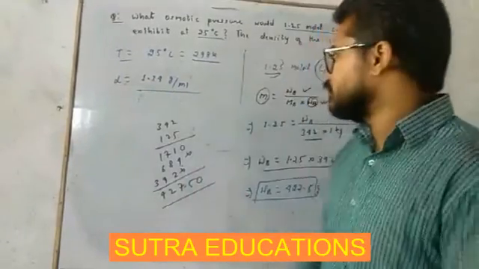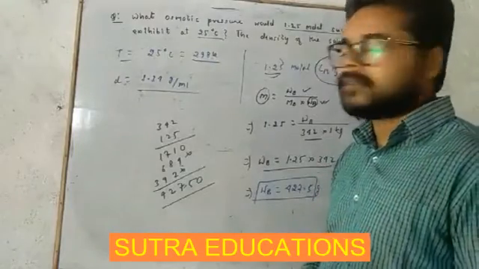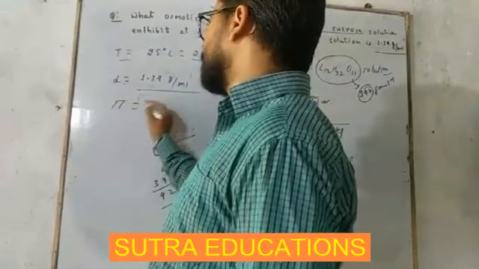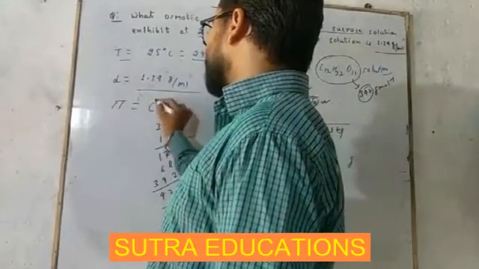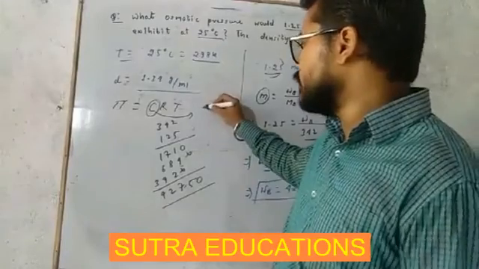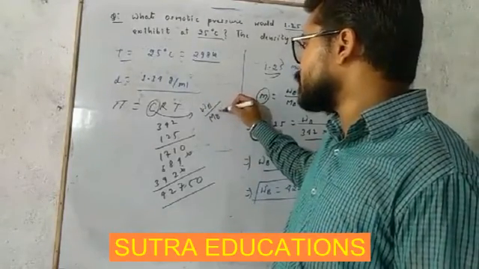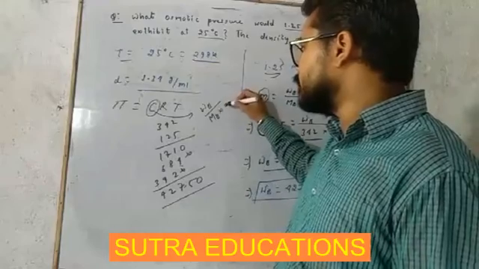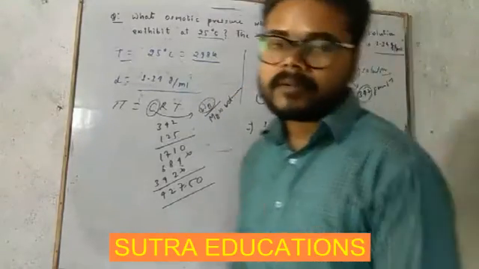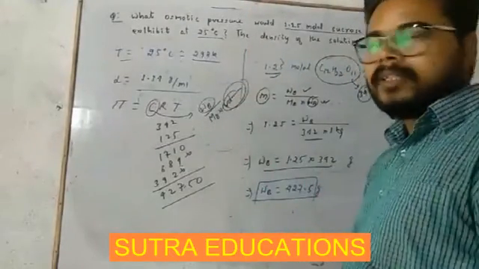Now we can calculate molarity. Why calculate molarity? Because we have to calculate osmotic pressure, and we know osmotic pressure is equal to CRT, and this C is the concentration. In terms of molarity, it is WB upon MB into volume of solution in liter. But to find molarity we have to calculate the volume of solution in liter.